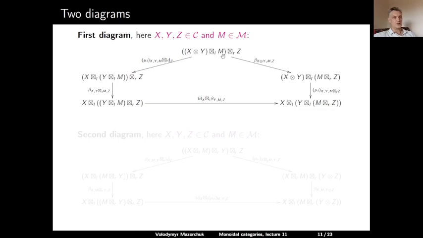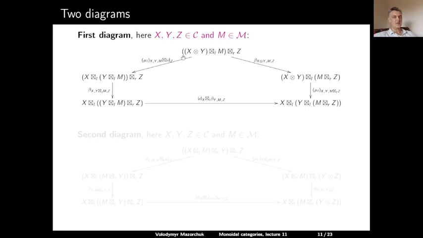We can move outer brackets to the right using beta to get x tensor y acted on m, acted by that. And then we can use the left mu to move the left brackets to the right, and so we have x acted upon the outcome of y acted upon m, acted upon by z.